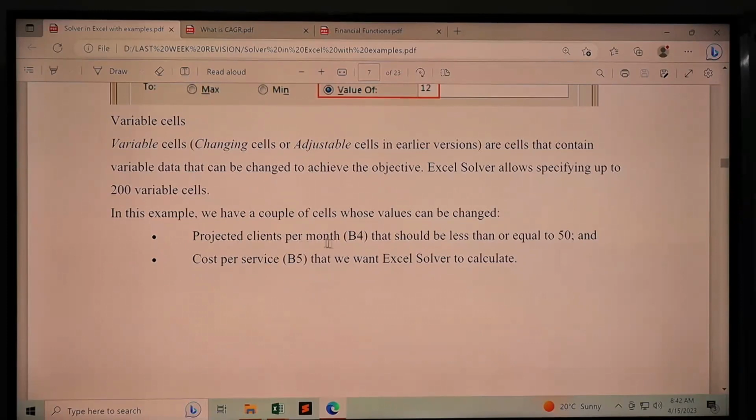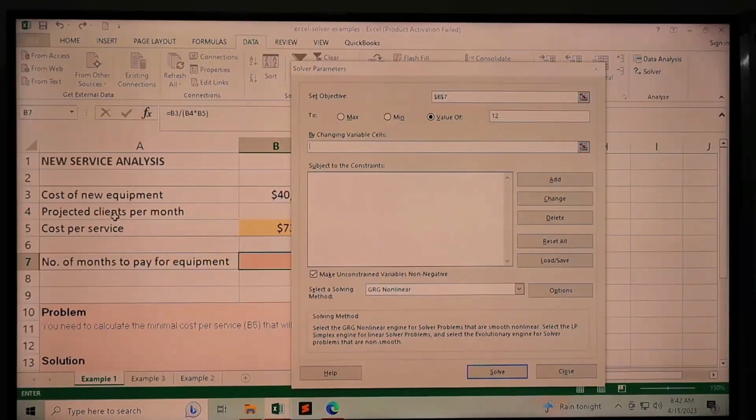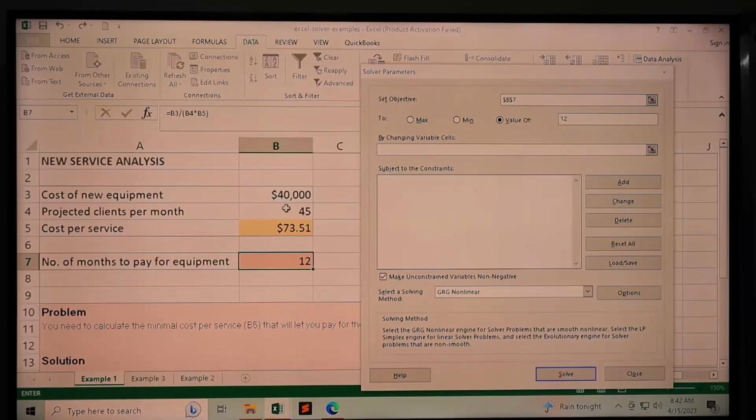Projected clients per month should be less than or equal to 50. So you check on our data, you'll find the projected clients per month. We are told here it was 45.